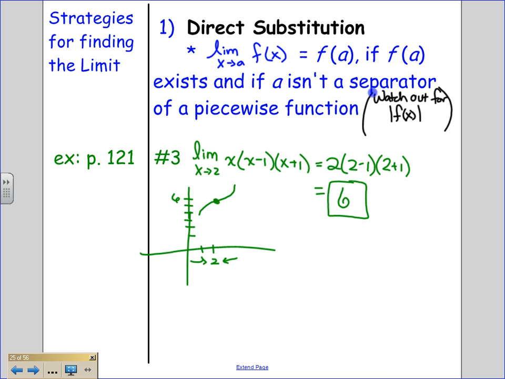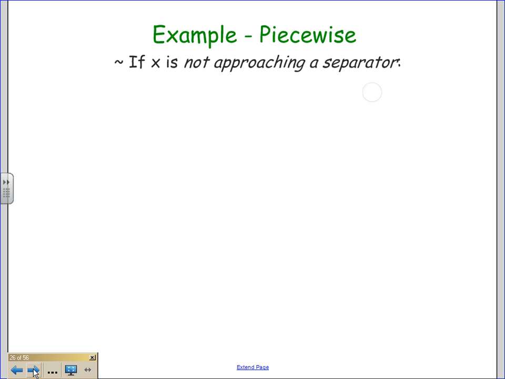But hold on. This doesn't just say if f of a exists. It also says if a isn't a separator of a piecewise function. So maybe I can do this whole just plug it in with piecewise functions too? What if I was to give you the following example?